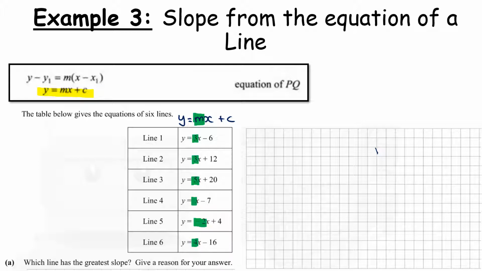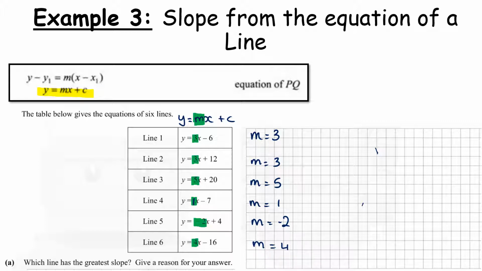So this one here, remember if I have an x, I can always write it as a 1x. So in this case, my slopes can be m equals 3, m equals 3, m equals 5, m equals 1, m equals minus 2, and m equals 4.